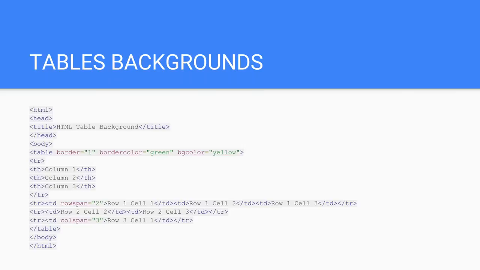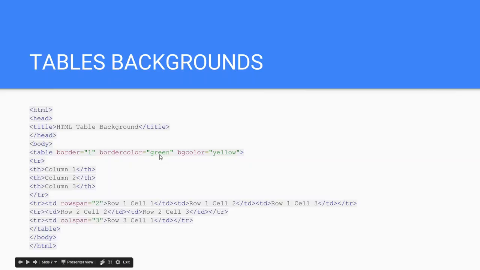Here in this example, we are using the same code that we used for the previous example, but in the table tag, the table opening tag, we are adding 2 more attributes. Border 1 is common, which we already used with the border attribute in the previous example, but we are adding a border color here, that is green, and a background color, that is yellow.